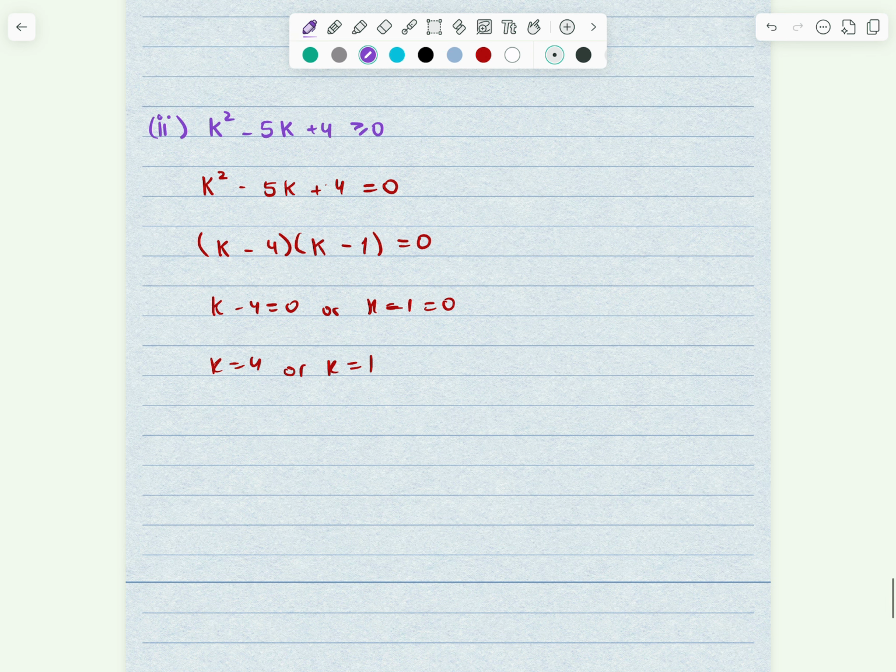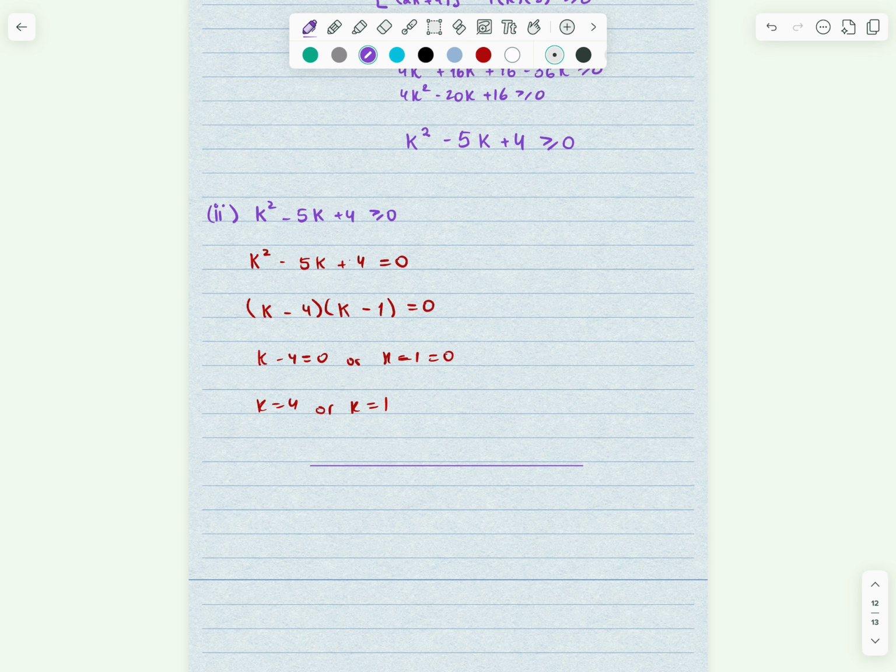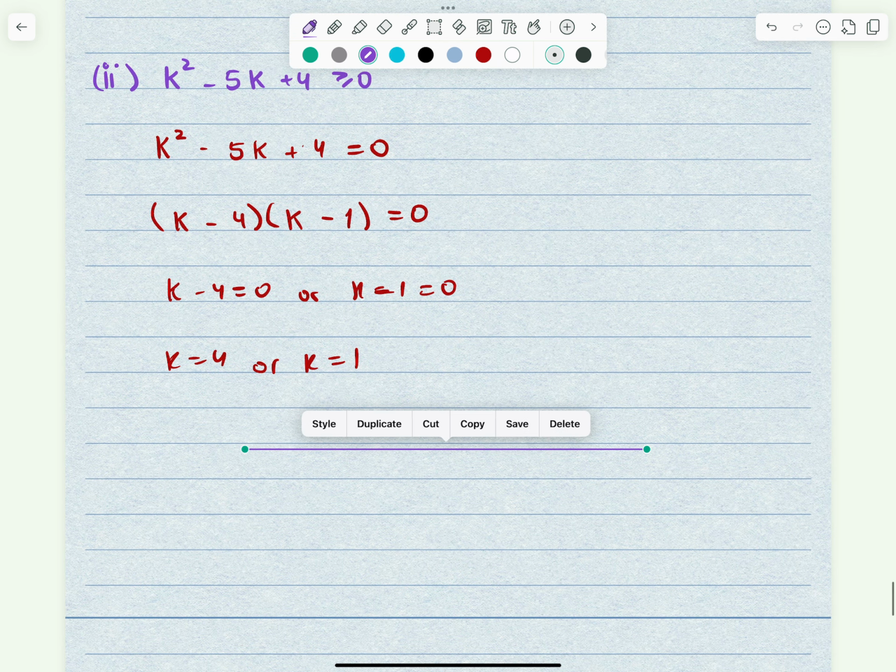After finding the solutions, put a number line. The roots have to be sketched in order: there's a 1 over here and a 4 over here. Divide this into sections by putting a vertical line at 4 and at 1.